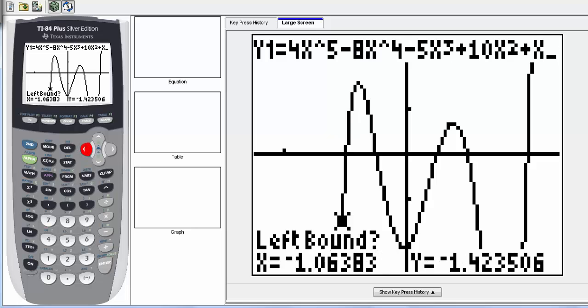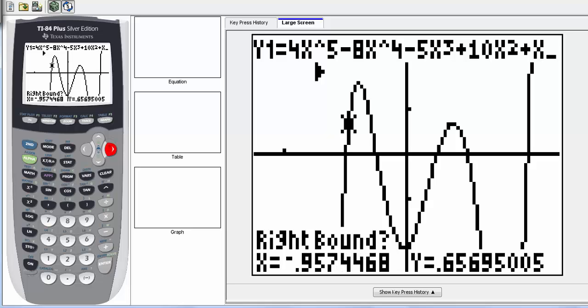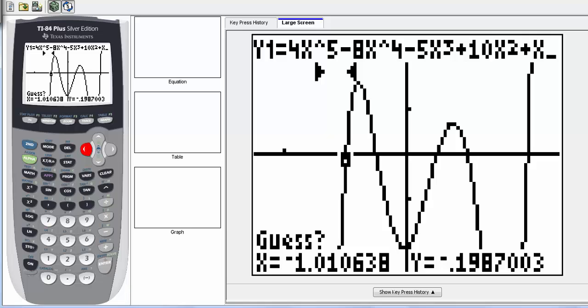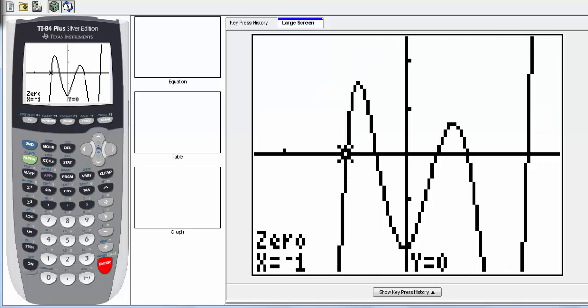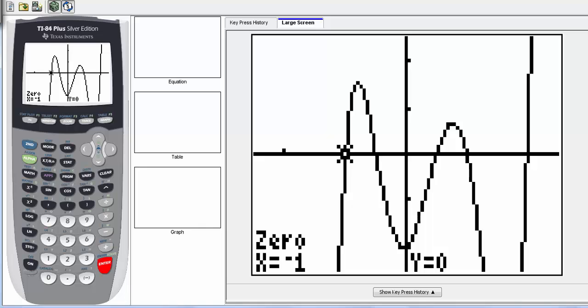And I won't do each one of these, but if we set the left bound, and then we go over here and we can set our right bound, and then we can guess, and this first one here turns out to be a -1. So this is equal to a -1. And again, we could go through and do the same thing for the other zeros, but I'm not going to take the time to do that.